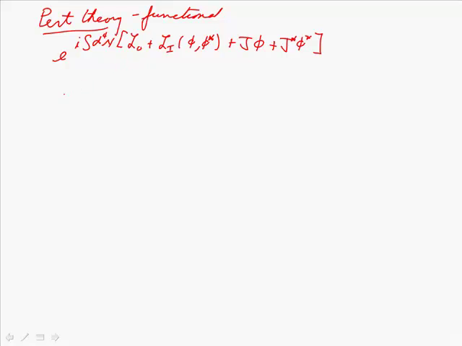So we do a trick. We write this as integral d4y, L interaction of phi and phi star, separate that out, e to the i integral d4x, L0 plus j phi plus j star phi star.